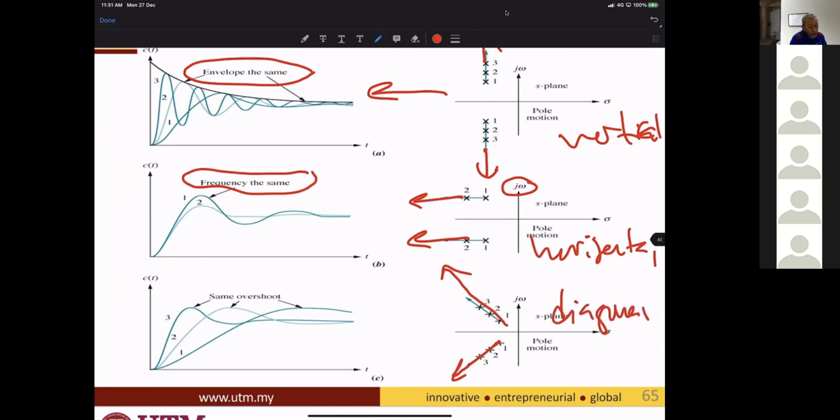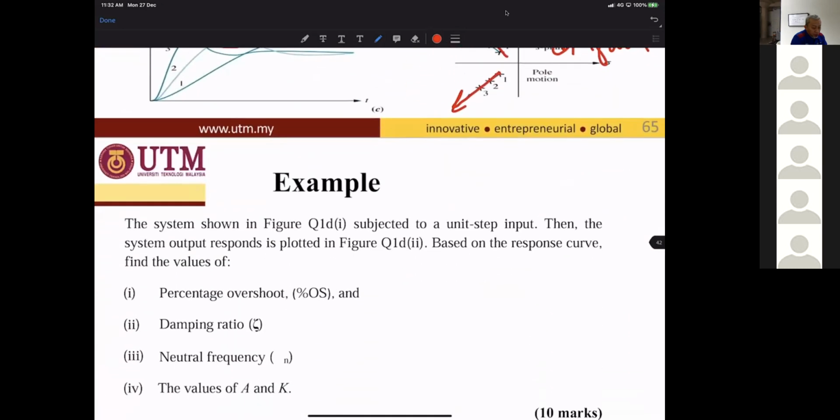It will give you a different peak time and settling time, but the overshoot is the same. So that is the pattern of the complex conjugate pole movements in the time response.